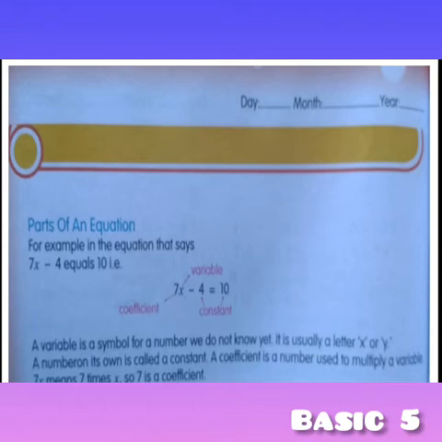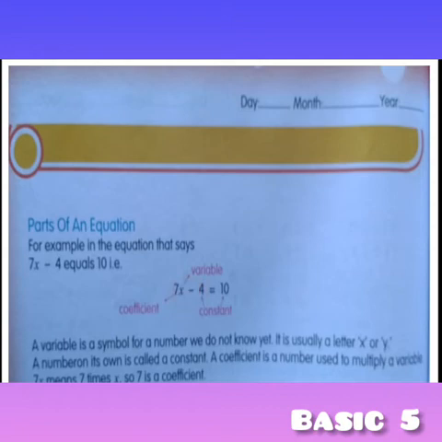Why is 7 called the coefficient? Because it's the one multiplying the unknown variable. X is the variable because it is unknown, while 7 is the number standing with the variable. So 7 is a coefficient of x. And we have two constants here, 4 and 10. We also have an arithmetic operator, minus.